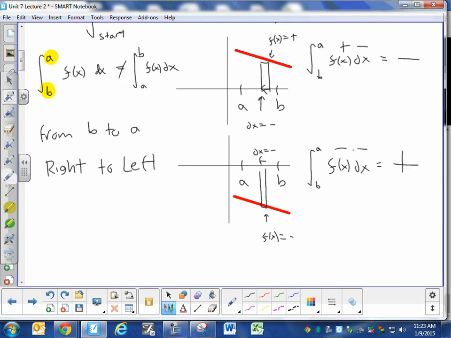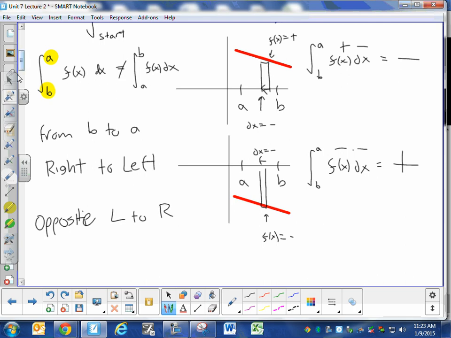So what conclusion can we make? The areas from the right to left are what compared to the areas from the left to right? Opposites. Opposites is the key. Right to left is opposite the area from the left to right.